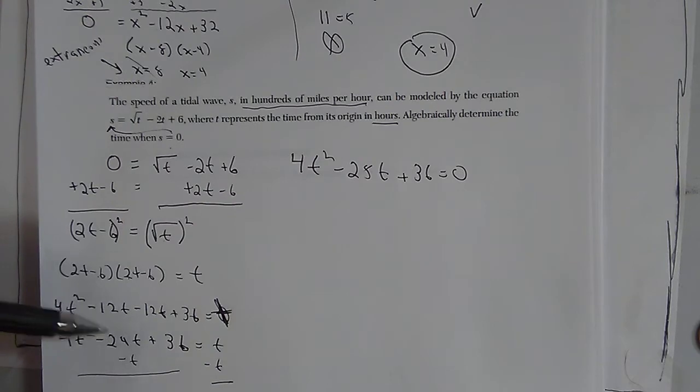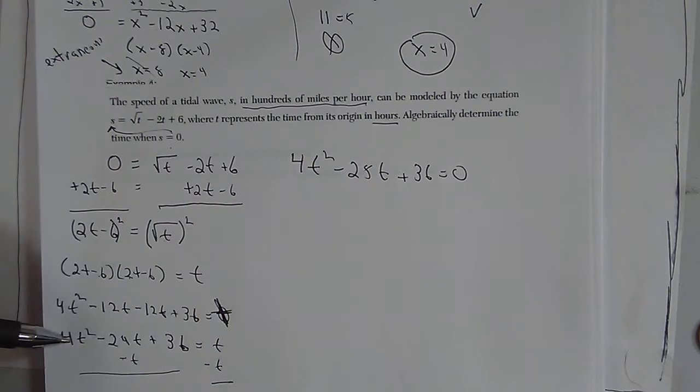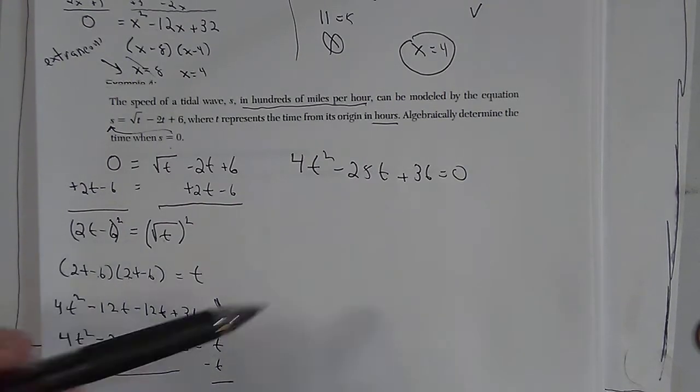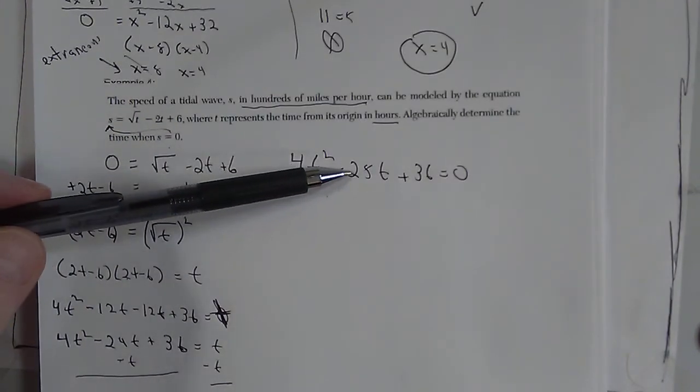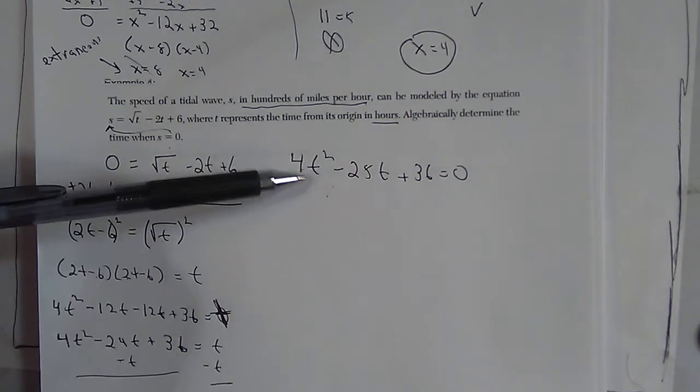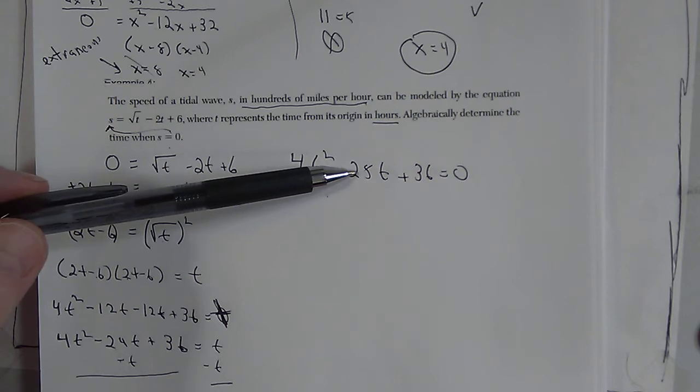Let's see, negative 24 minus 1, 4, positive 0. All right. Wow. Perfect square, perfect square, perfect square. I get 25 in the middle.